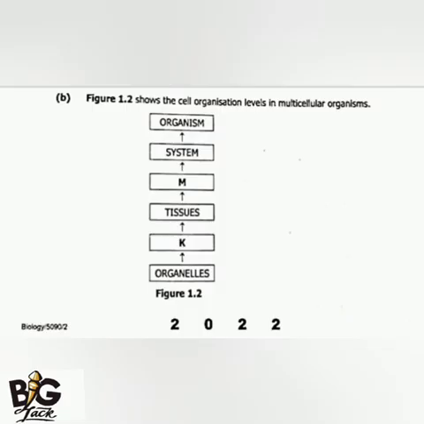Then question B is saying figure 1.2 shows the cell organization levels in multicellular organisms. Multicellular organisms are organisms which are made up of many cells, called eukaryotic cells. We also have unicellular organisms like prokaryotic cells, an example being amoeba.